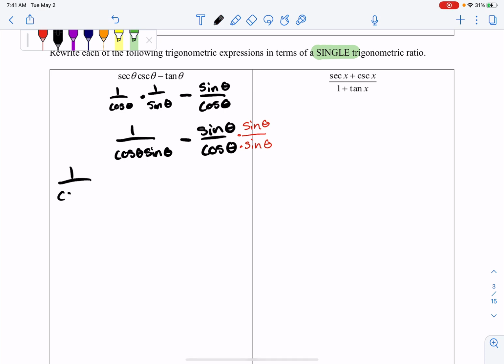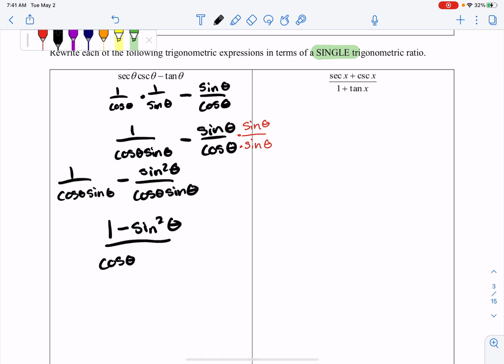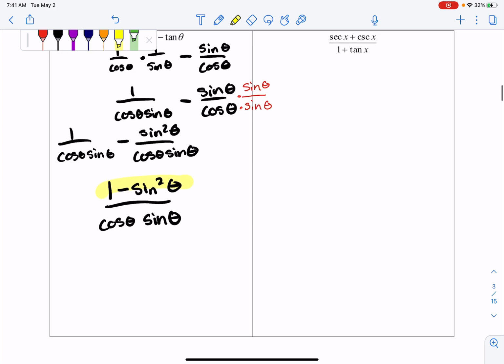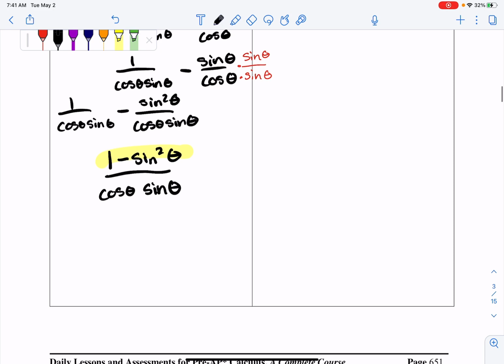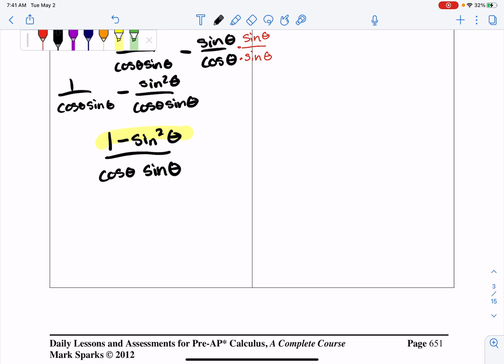So now I have 1 over cos theta sine theta minus sine squared theta on the top over cos theta sine theta, which is great because now I have a common denominator, so I can make the top 1 minus sine squared theta over cos theta sine theta, which is great. 1 minus sine squared theta should be making you think about your identities because it is a slight variation of our most basic Pythagorean identity, and that is going to be equal to cosine squared theta.